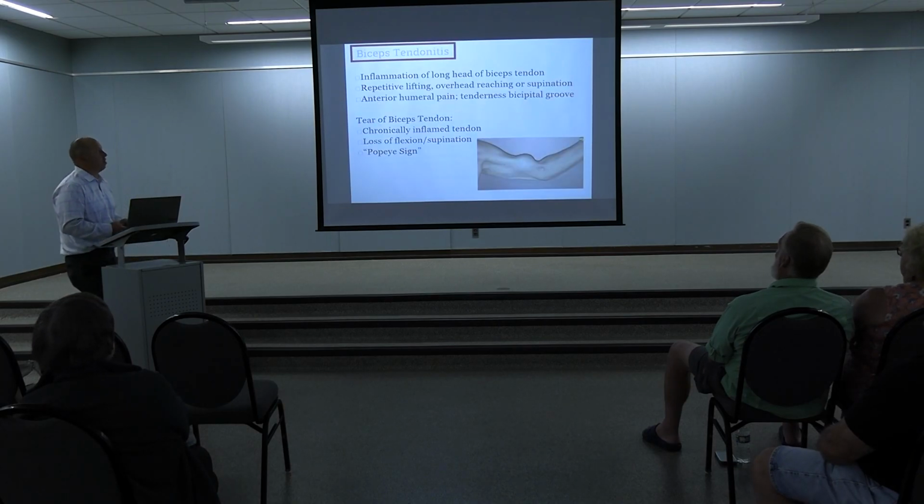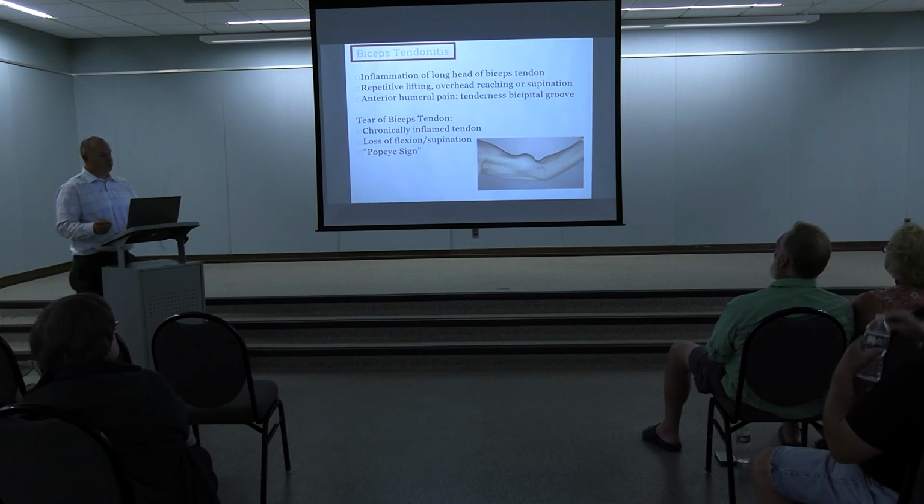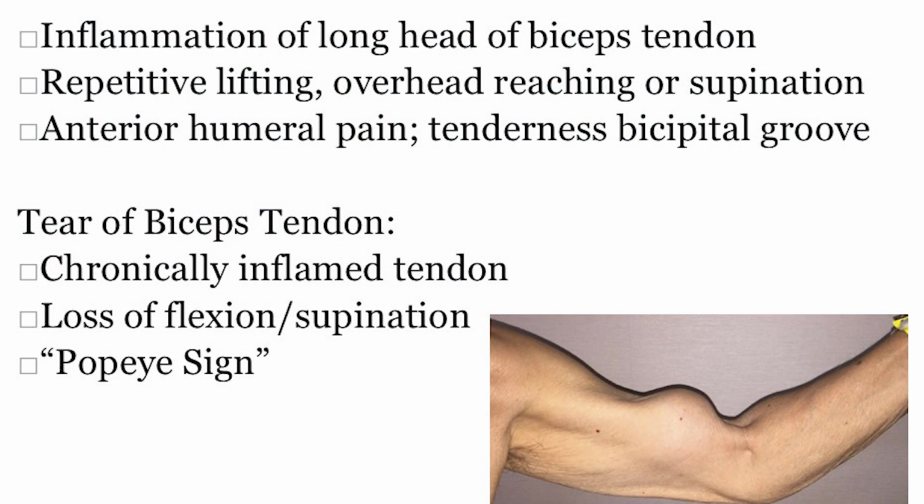Next condition we'll talk about is biceps tendonitis, which is inflammation of the long head of the bicep tendon in the shoulder. It's often caused by overhead reaching, repetitive lifting, or supination, or basically externally rotating your forearm. It causes pain in the front of the shoulder, along with tenderness along the bicipital groove where the biceps tendon runs anteriorly.